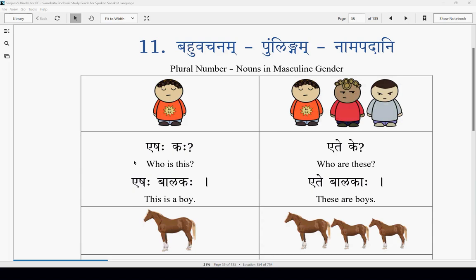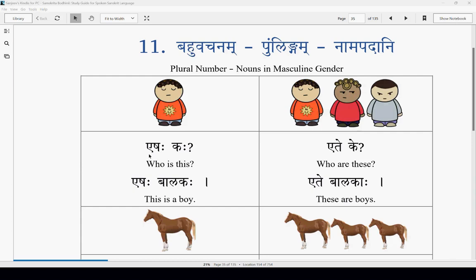The plural form of eshah is ete, and the plural form of kah is ke. You can look at the vibhakti tables to find the bahuvachana or dvivachana forms of those words.